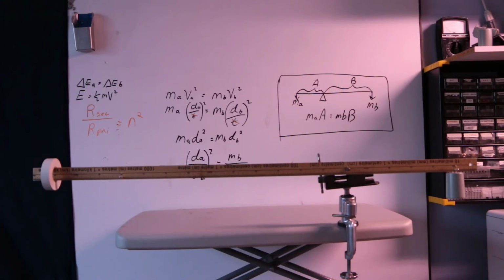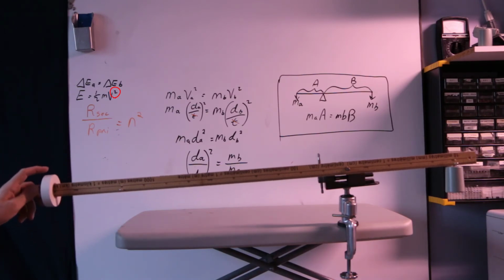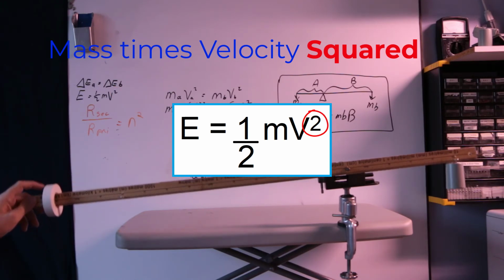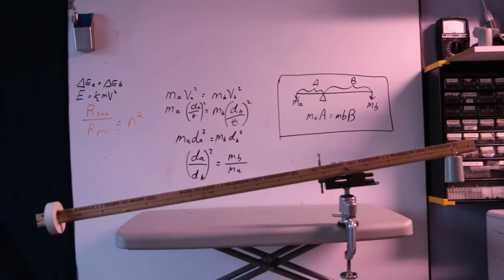So we know kinetic energy is relative to the square of the velocity. If we take a look at that formula, we can say E is 1/2 mv squared.